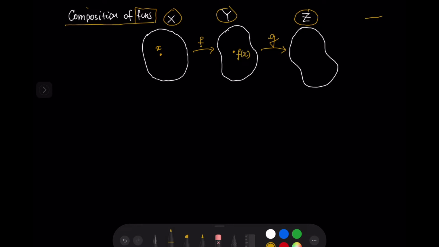And this f of x is going to be in the set Y. And so since the function g is from the set Y to the set Z, it will take the value f of x to the value g of f of x. So this value g of f of x is the value of the composition of the function g composed with f at the point x.